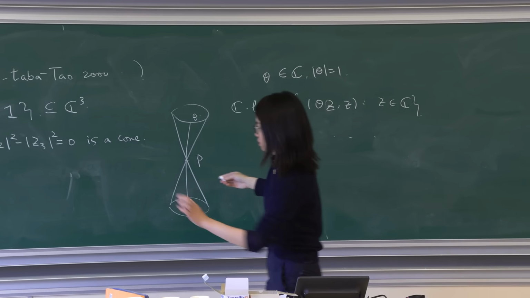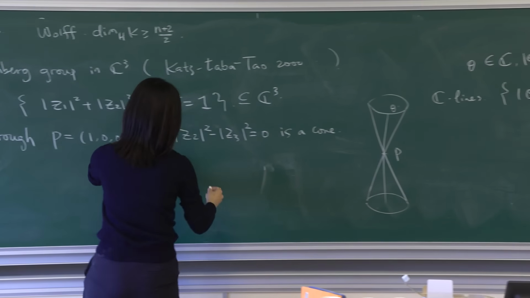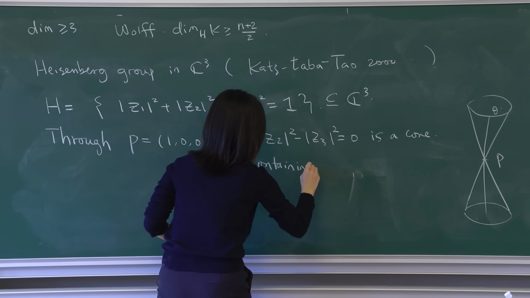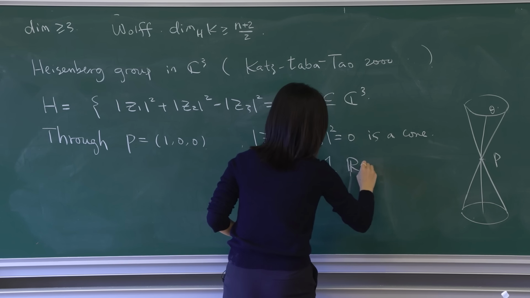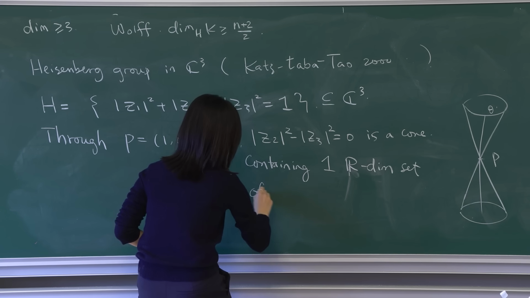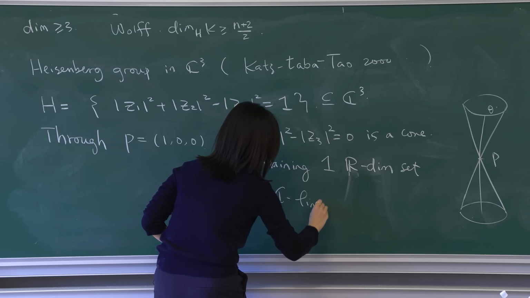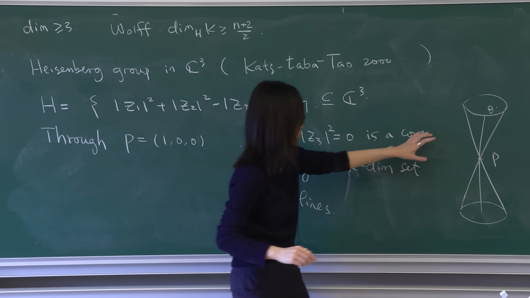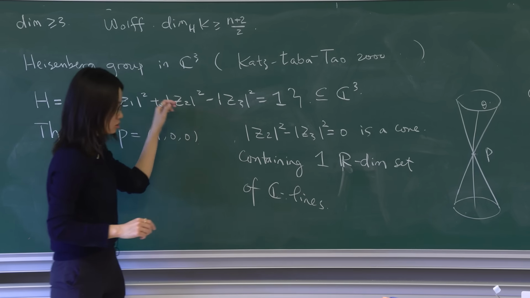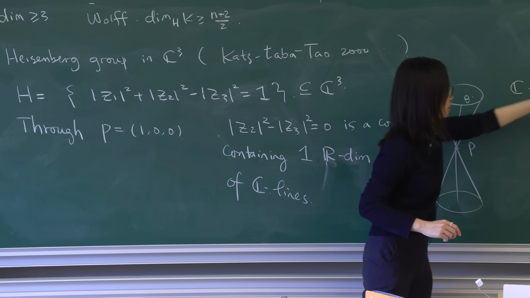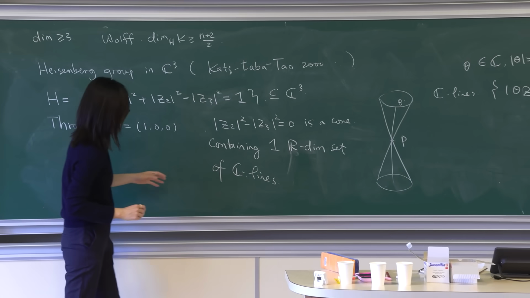This means that through this point there is a cone containing a one real dimensional set of complex lines. Because this cone is also contained in this H, as we can see, those are the complex lines contained in H.